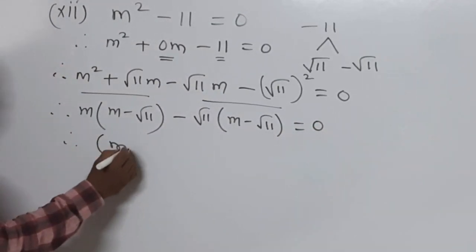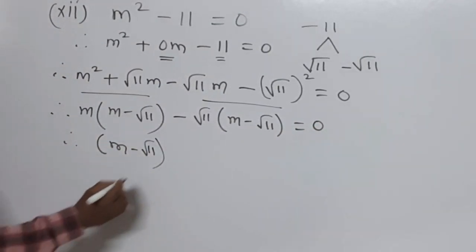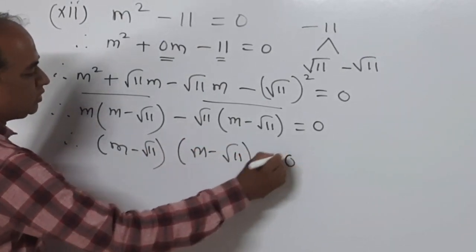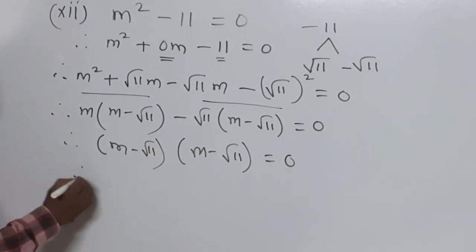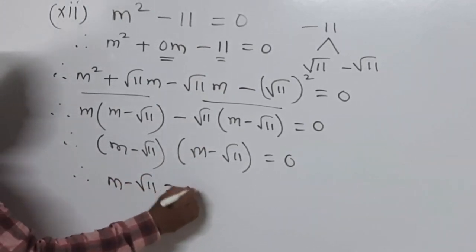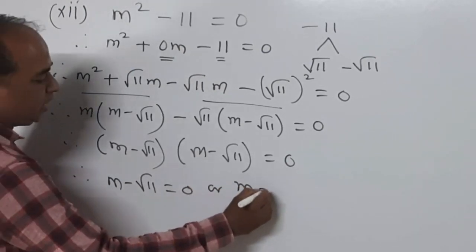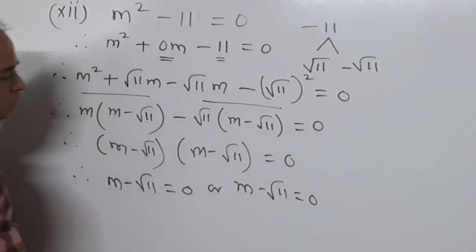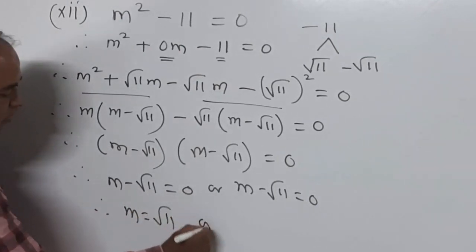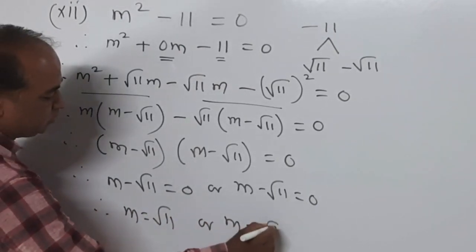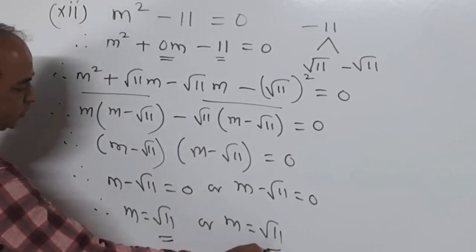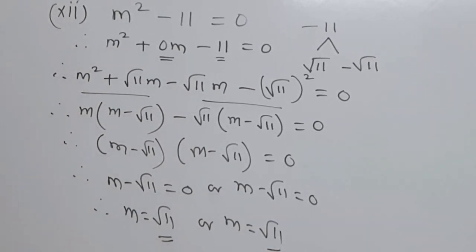Therefore, m minus root 11 in first bracket, m minus root 11 in second bracket is equal to 0. Therefore, m minus root 11 is equal to 0 or m minus root 11 is equal to 0. Therefore, m is equal to root 11 or m is equal to square root of 11. So, roots are root 11 and root 11.